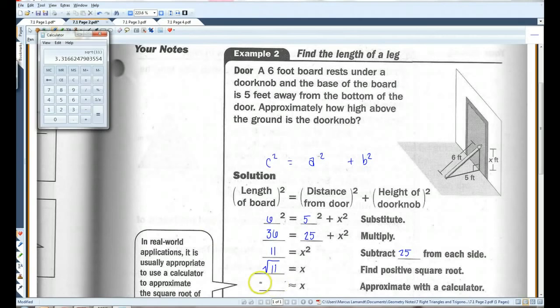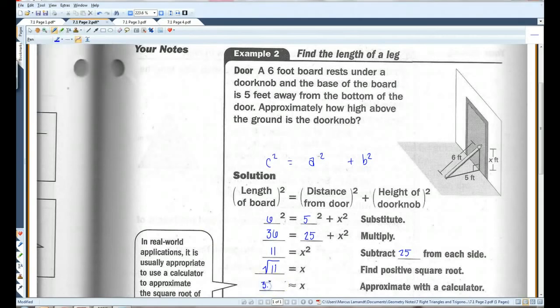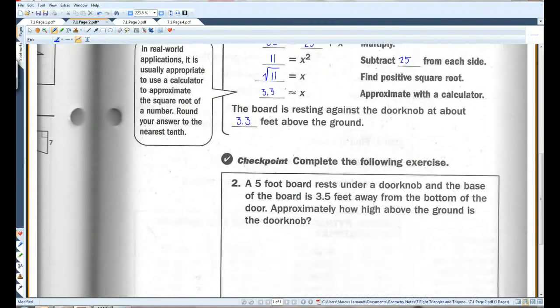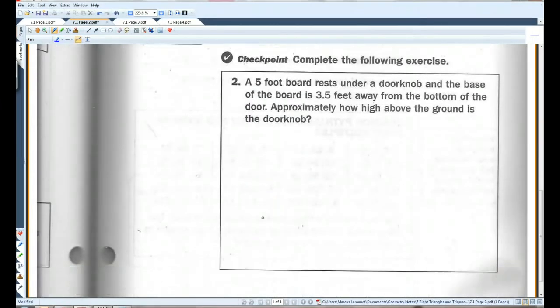Or we'll just put 3.3. Okay. Alright, so the board is resting against the doorknob about 3.3 feet above the ground. Alright, I'll let you guys do this one. Let's go to page 3.